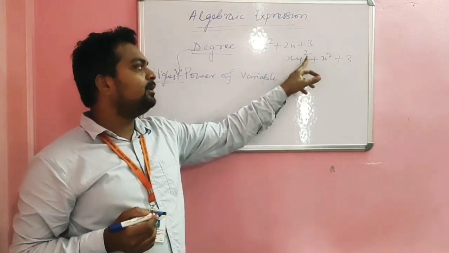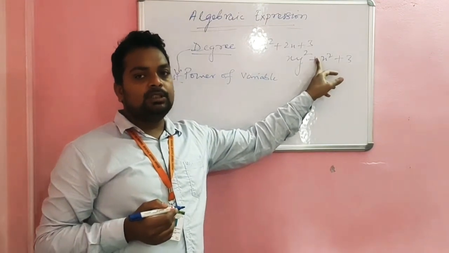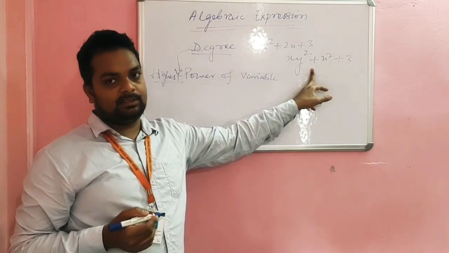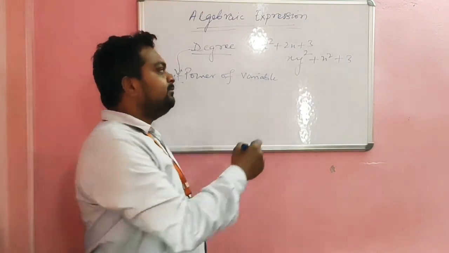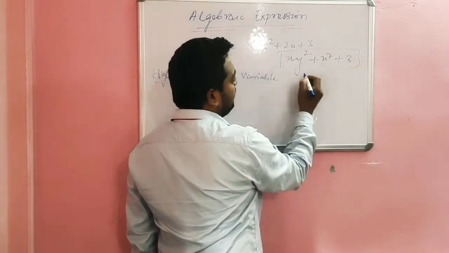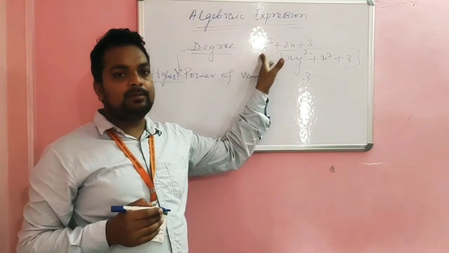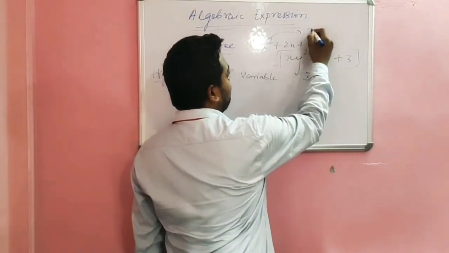If we add the powers of these two variables, x has power 1 and y has power 2, so the total power is 3 in this term. And this 3 is greater than 2. That's why the degree of this expression is 3. And for x square plus 2x plus 3, the degree is 2.